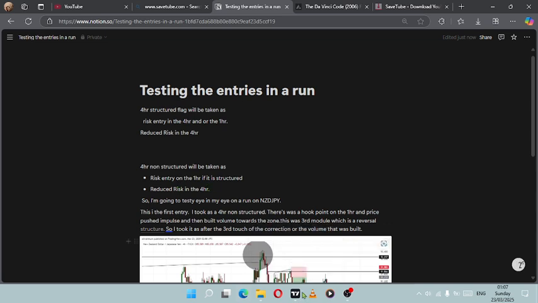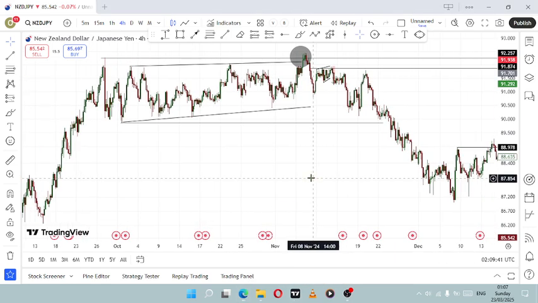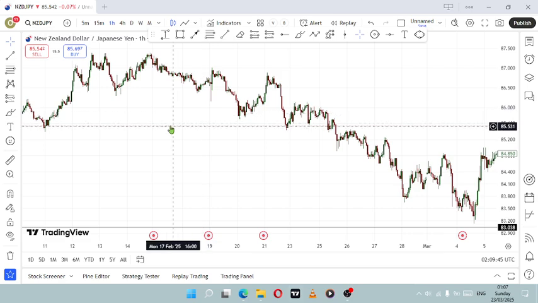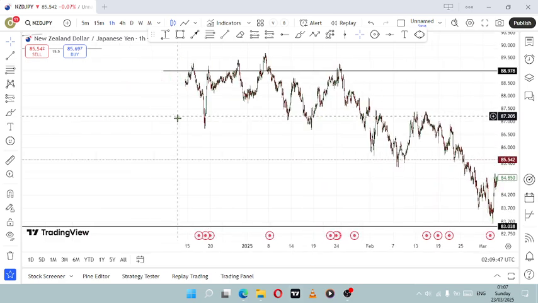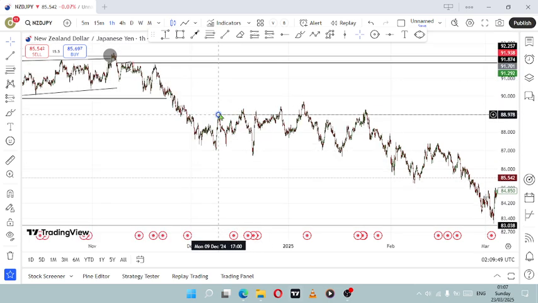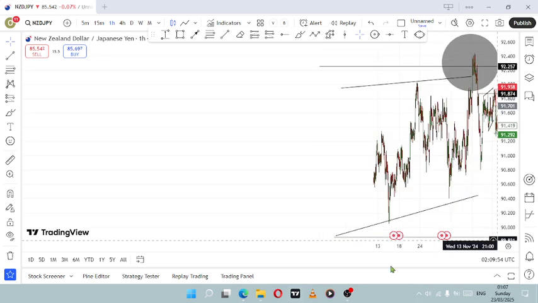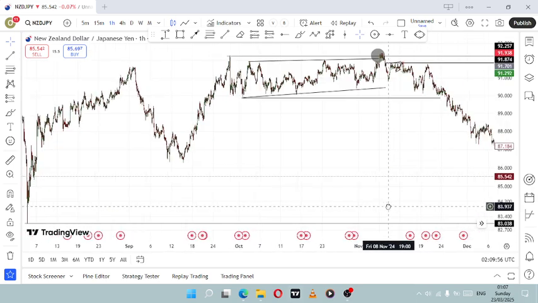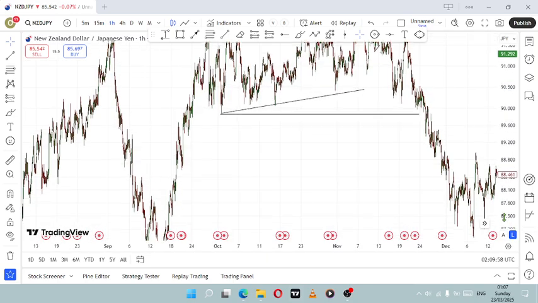So let's look at this structure, the next sequence. We've identified a 4-hour non-structured, so we take it as a 1 hour structured.